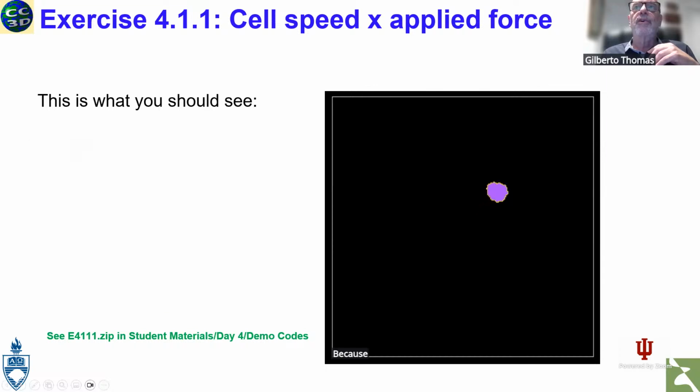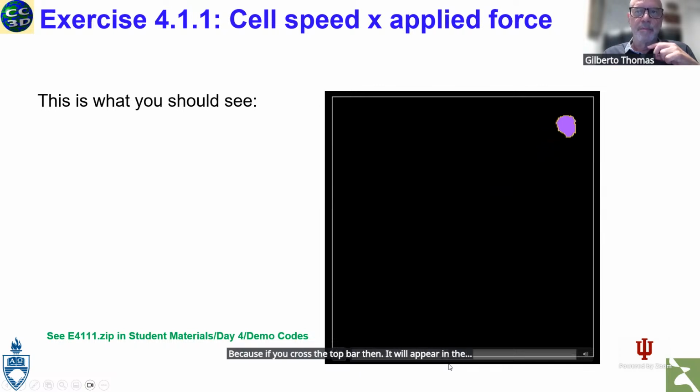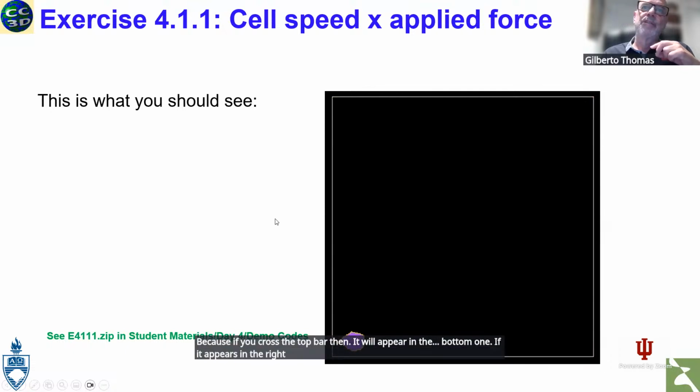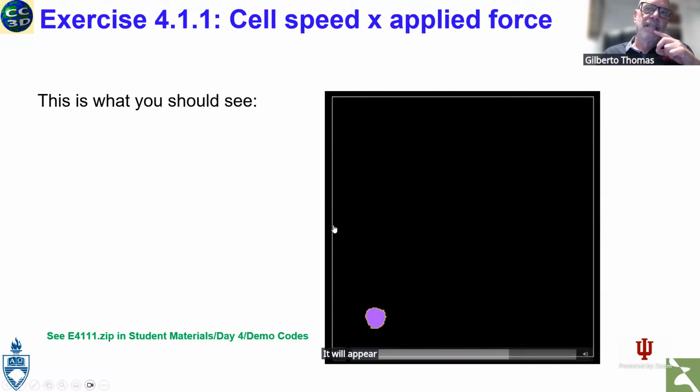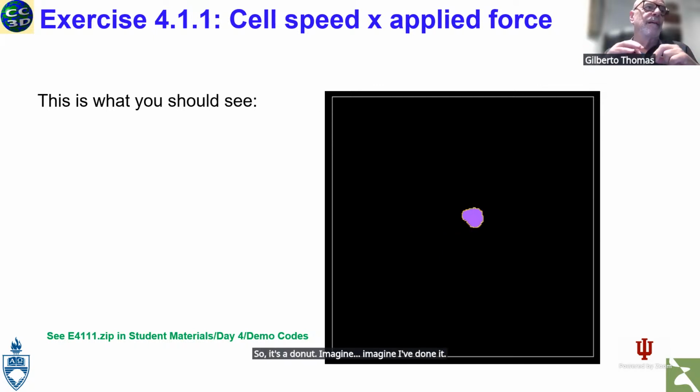Because if you cross the top border, it will appear in the bottom border. If it reaches the right border, it will appear in the left border. So it's a donut. Imagine a donut with an ant walking over it, eating the sugar.